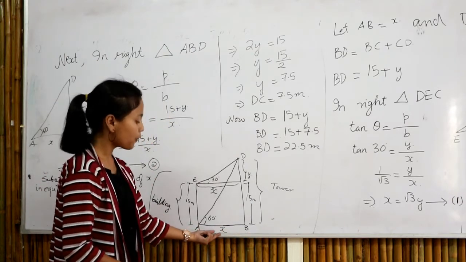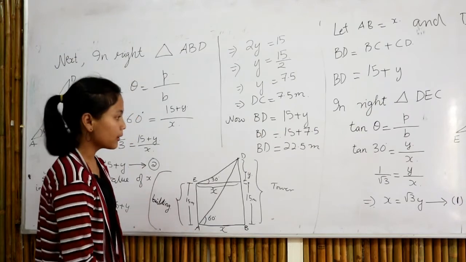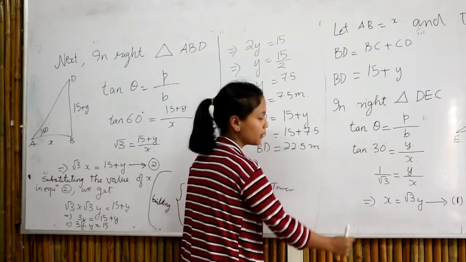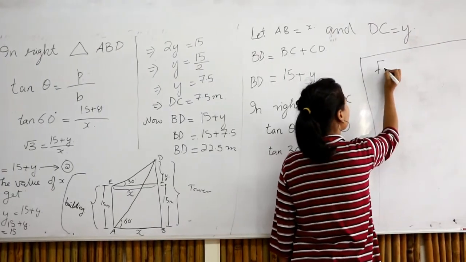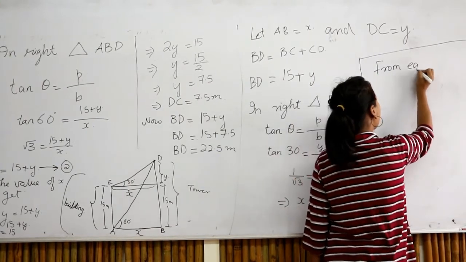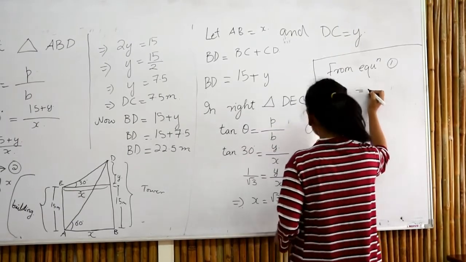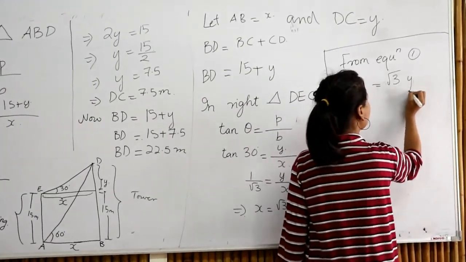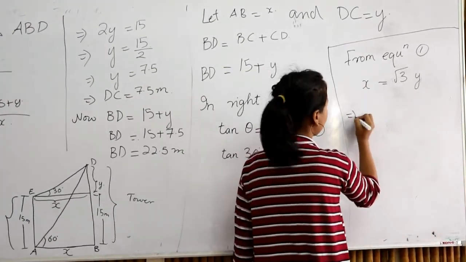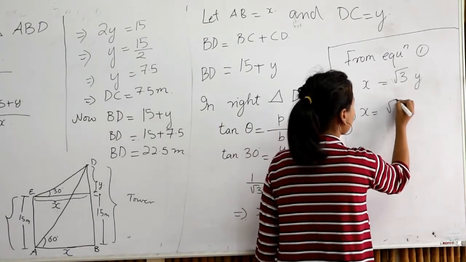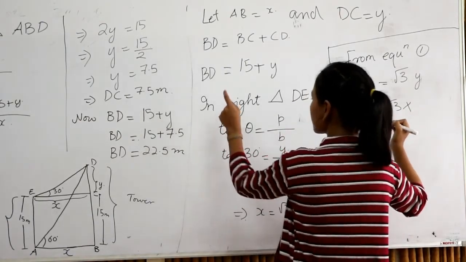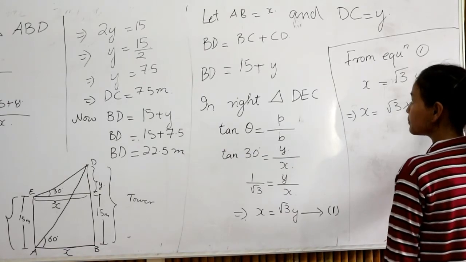Next, we have to find the distance between this building and this tower, which means we have to find X. From equation 1, X is equal to root 3 Y. Then you will get root 3 into Y, which is 7.5.